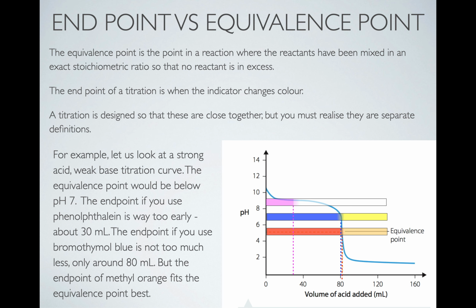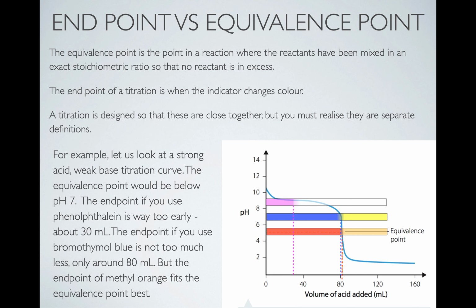Okay, let's look at an example here. On the right here, I've got a strong acid, weak base titration curve. The equivalence point that we've got there, which is at about 81 mil, is the steepest part of the curve. Now you can see that the colour change for both the bromothymol blue and the methyl orange roughly meets it there.